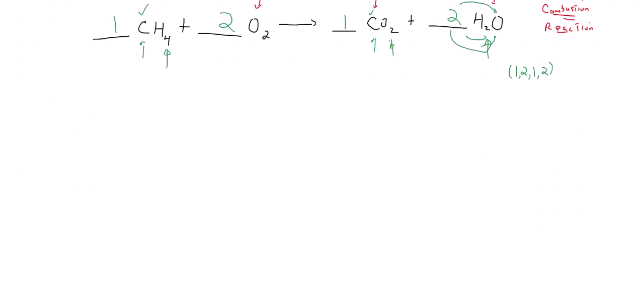Okay, and we'll take lithium and aluminum chloride. So here's lithium, Li, plus aluminum chloride, AlCl3. Notice there's one aluminum and three chlorines in that molecule, and the products are LiCl, lithium chloride, plus the aluminum.